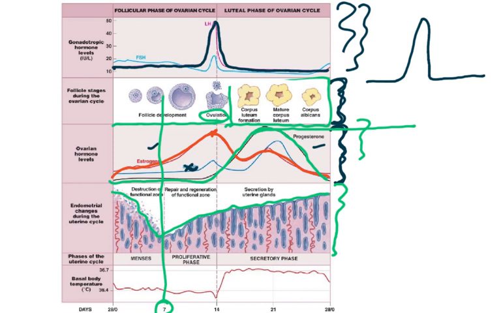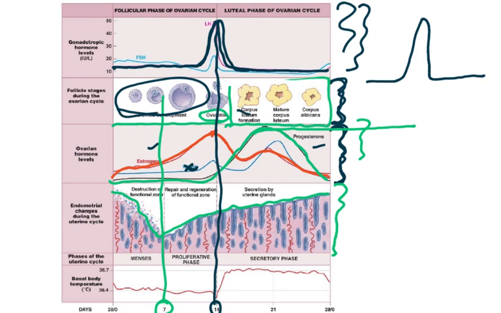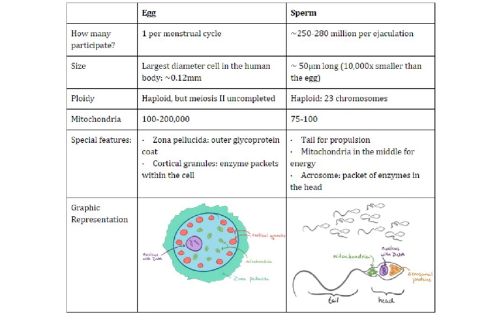So there are low concentrations during the whole menstrual cycle, and it's only on day 14 that it peaks: day 13 it increases, day 14 it peaks, and then it decreases again. So LH and FSH are produced by the pituitary gland. Estrogen and progesterone are produced by the ovary; estrogen is produced by the follicle cells, and progesterone is produced by the corpus luteum.